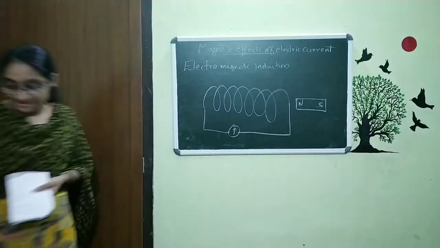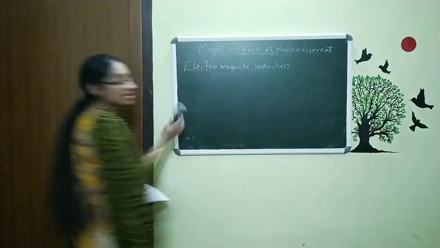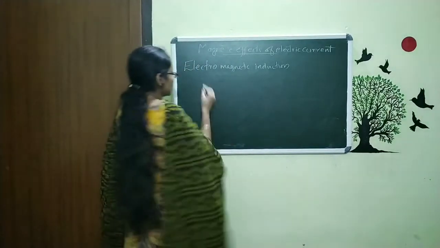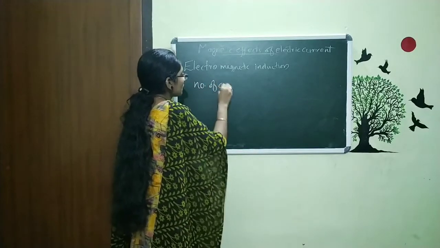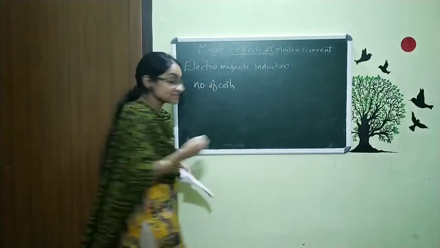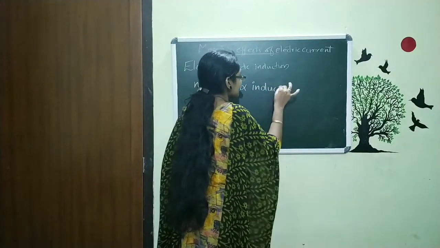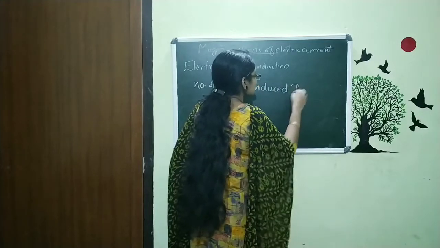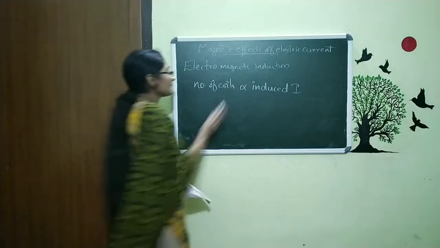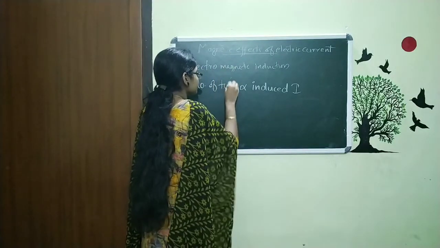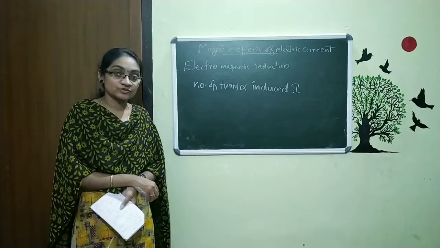So, according to the relation, the number of coils in the conductor is directly proportional to the induced current. The number of coils means the number of turns in the coil. The number of turns in the coil is directly proportional to the induced current.